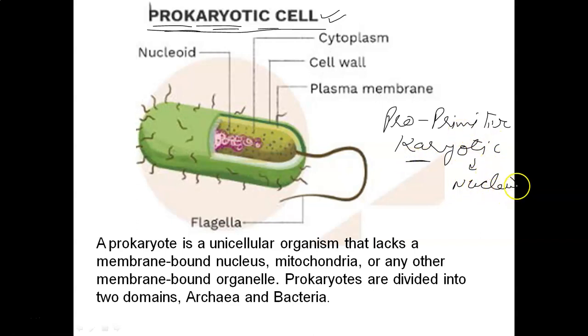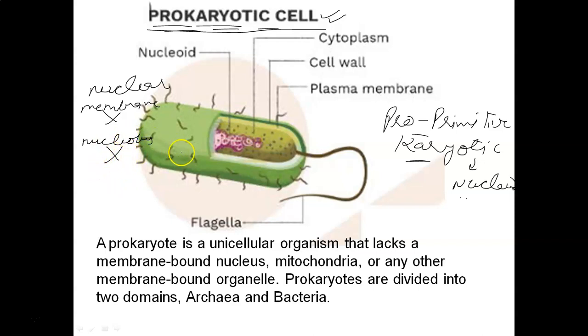Why primitive nucleus? In a prokaryotic cell, a primitive nucleus is present, not a true nucleus, because they do not have a nuclear membrane. So nuclear membrane is absent, nucleolus is absent, right?